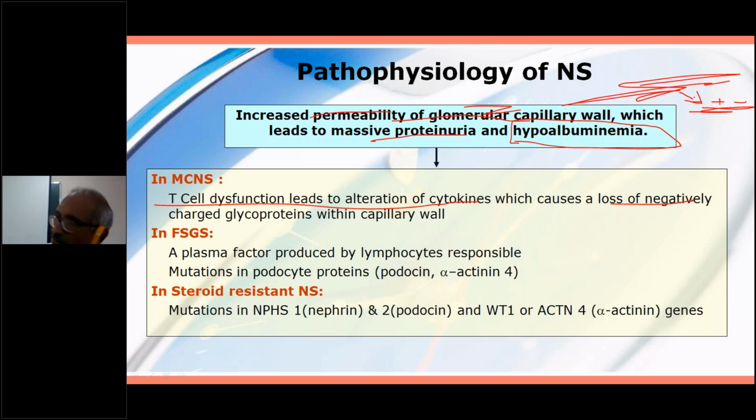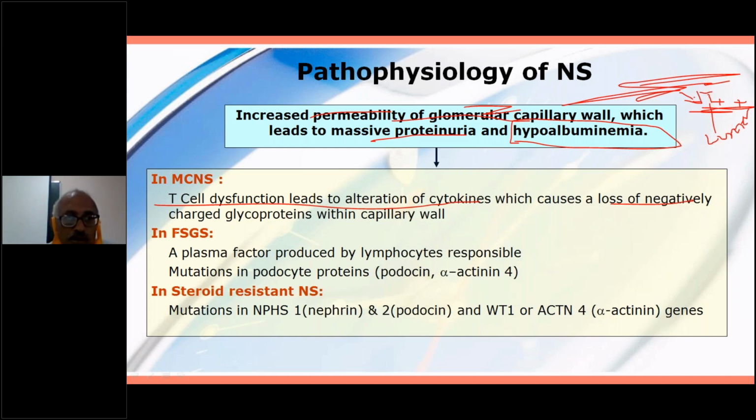Once it is lost, positivity develops, and the negatively charged proteins get attracted and slip into the lumen. So it is not just structural changes, it is the functional change of loss of negativity on the glomerular basement membrane that attracts the negatively charged albumin molecules, and they ultimately slip out.